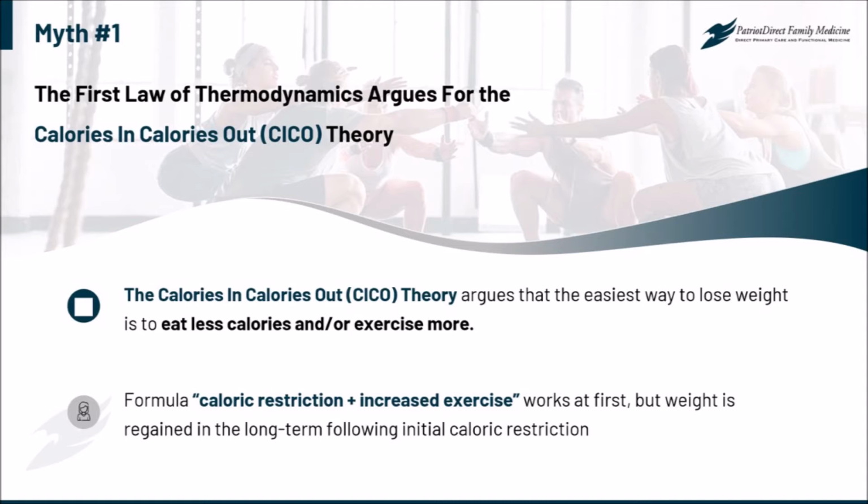While at first this makes sense intellectually, anyone who has spent any time pursuing weight loss, either for themselves or clinically with patients, can tell you that it simply does not work for the majority of people in the long term. The formula of caloric restriction plus increased exercise works in the very beginning for the highly motivated and compliant individual, but check in with them again in a year and you're likely to find all the weight loss has returned.